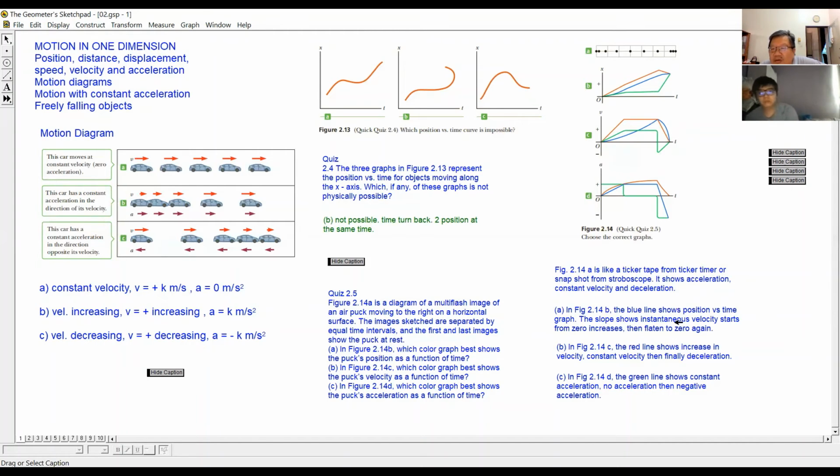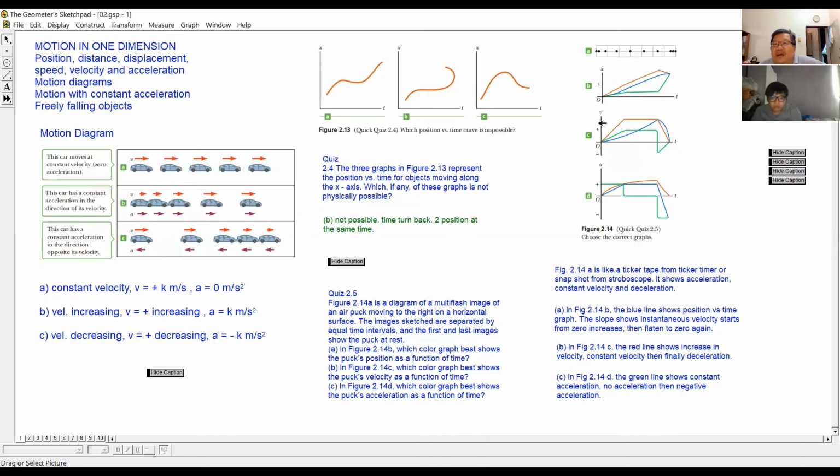The slope shows the instantaneous velocity: from the start it is zero, increases, then flattens to zero again. The slope of the tangent is zero here, and finally at the end the slope is also zero. So the blue line represents this movement of the object.